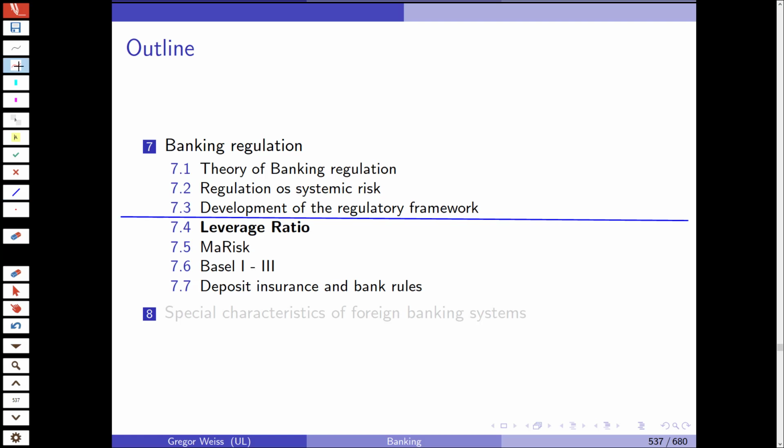I think the last chapter on the foreign banking systems is relatively easy, and usually during a normal semester I would not even reach this point, and usually I stop at the end of chapter 7. But I'm pretty confident that we'll reach the end of this set of slides by the end of January. So I think, as an early Christmas gift, we can stop here for today.